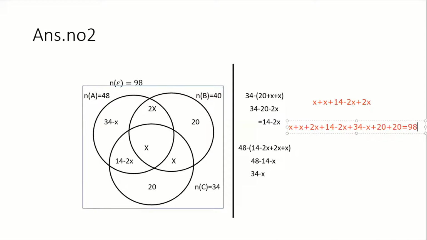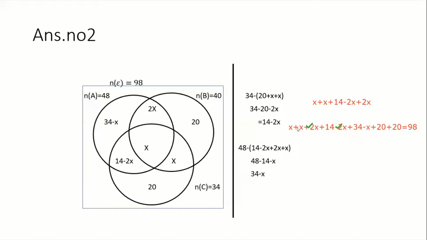So if that is equal to 98, we shall still collect like terms. Now, let me help out and eliminate some of these. We shall eliminate this plus 2x with a negative 2x. That is 2 minus 2, giving us 0.